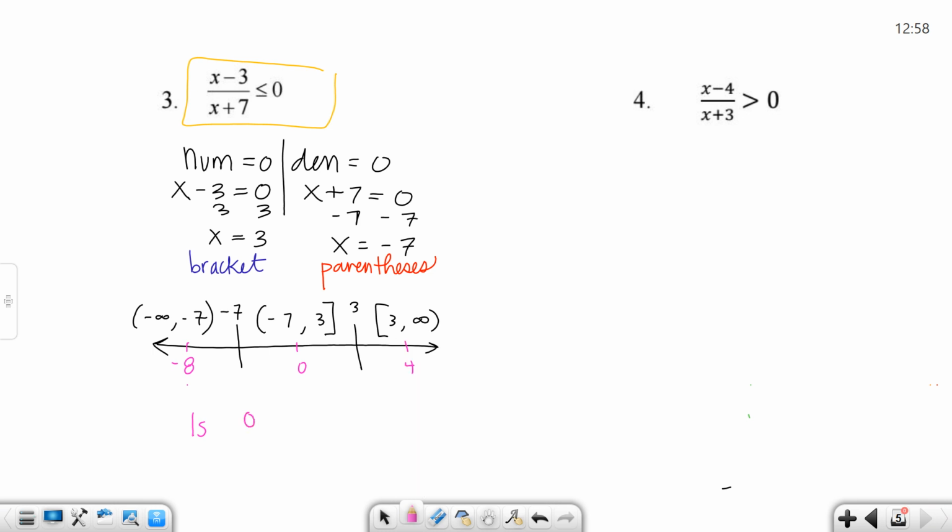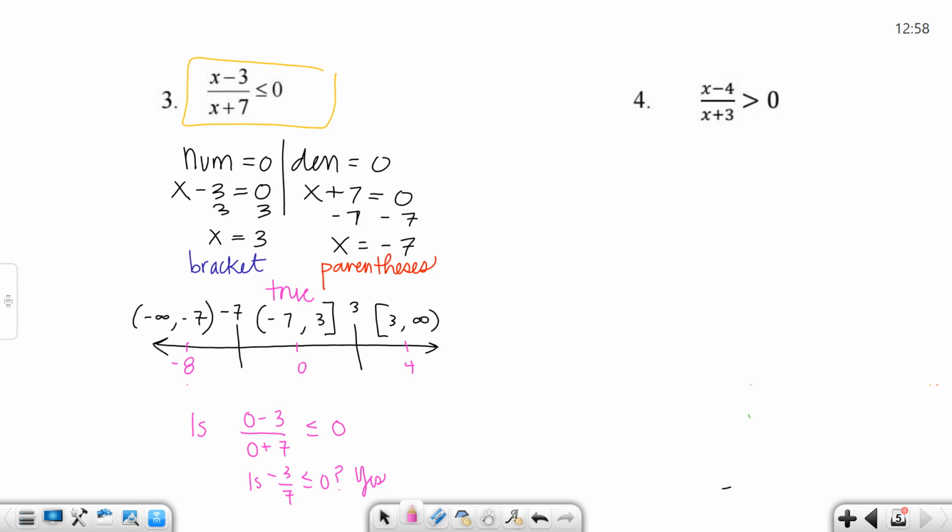So if I plug it in, I'm going to get 0 minus 3 over 0 plus 7, and I want to know, is that less than 0? So that's a negative 3/7. Is negative 3/7 less than 0? It is. So since that's a yes, you can say yes or you can say true. So this one's true.